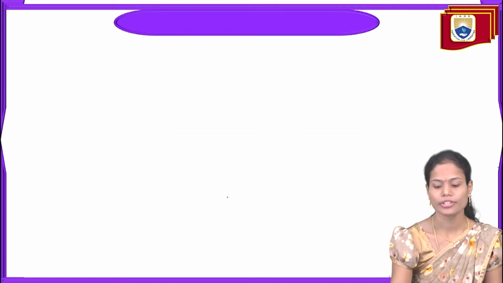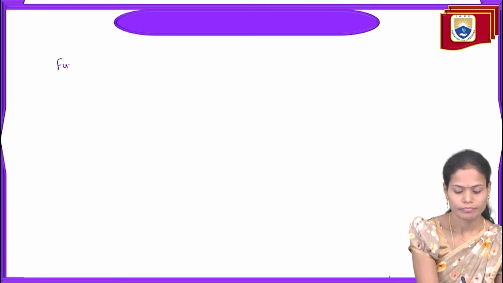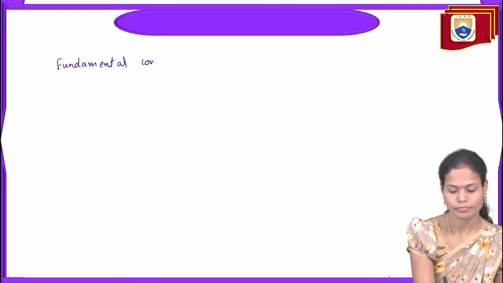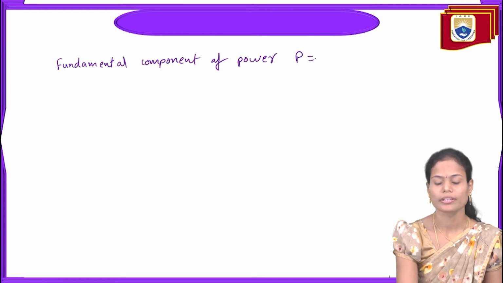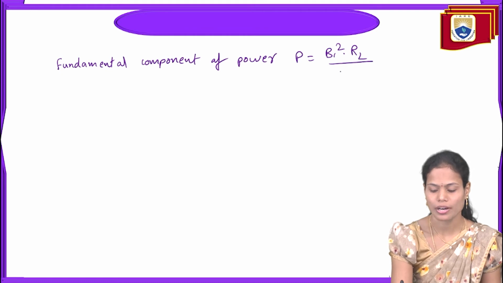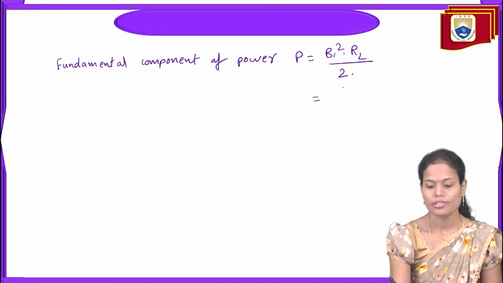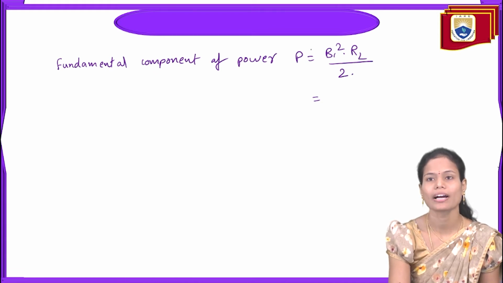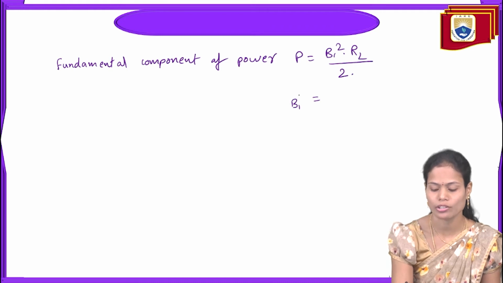And next we need to calculate the fundamental component of the power. Fundamental component of power P, I'm taking, that is V1 square into load resistance RL by 2. So from this we have the power value as well as the load resistance value, and from this we can calculate the value of B1.